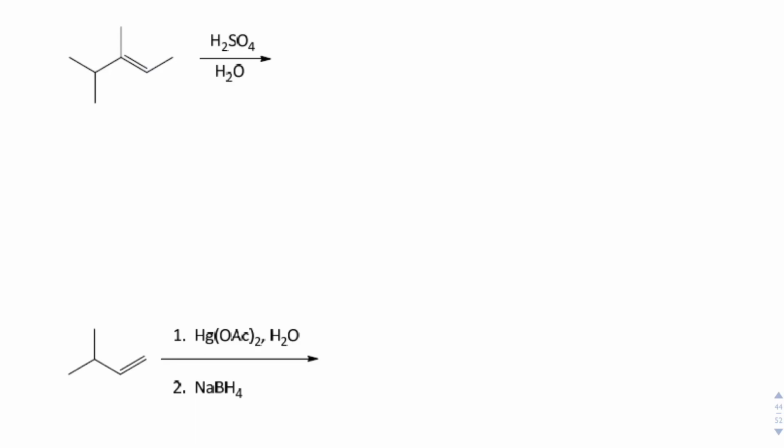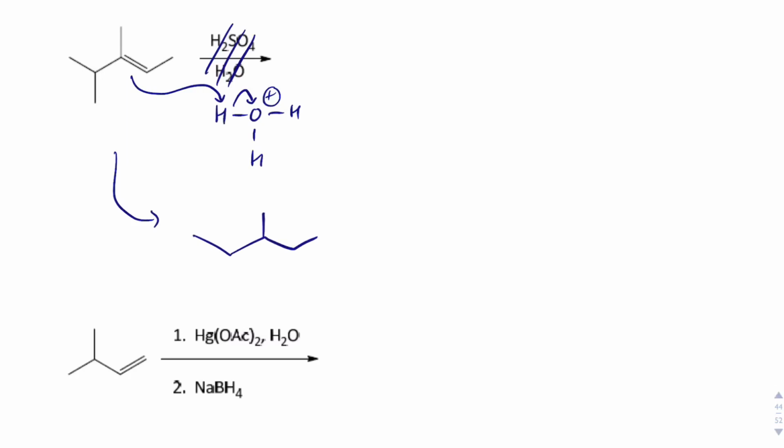That's why we're going to look at these two reactions. H2SO4, H dissolved in water is really H3O plus. Our double bond nucleophile comes in and attacks an H, gives the electrons back. We're going to put the H on the least substituted carbon of the group, that way we put the positive here.